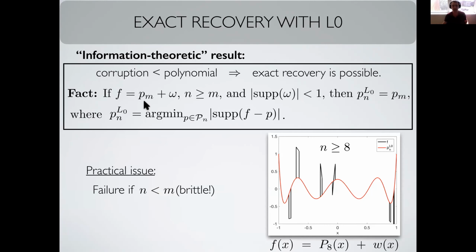So here's what you might call, in compressed sensing, the information theoretic result for this continuous setup. I have a function that's a polynomial plus corruption.